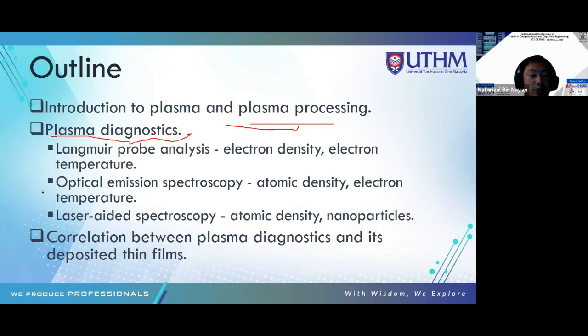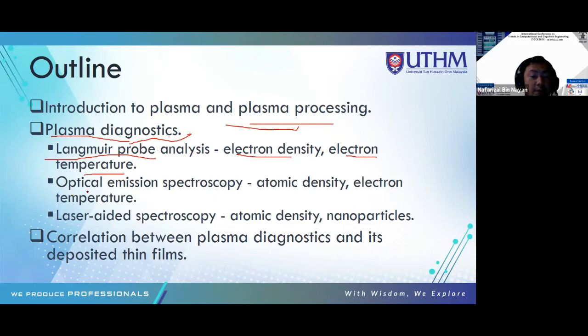So these are the tools that I would like to explain. I think they are quite common or basic tools that we have in plasma diagnostic. Of course, there are many other tools, so I will discuss the most common or basic ones. First, the Langmuir probe analysis, where we can investigate the electron density and electron temperature.